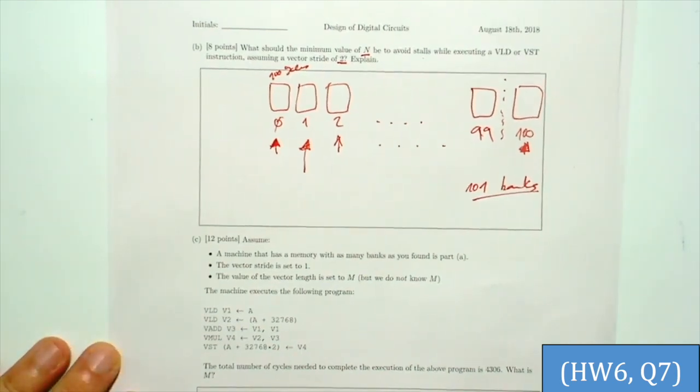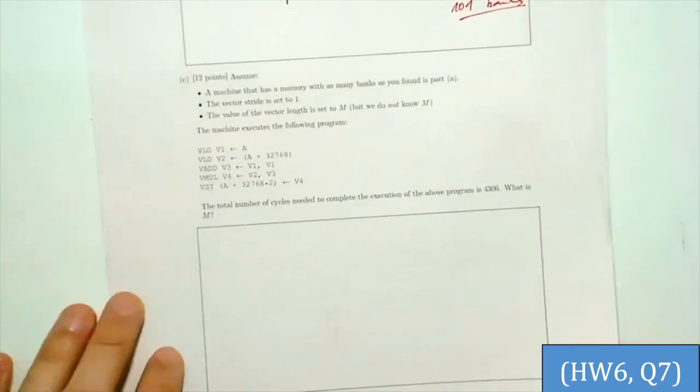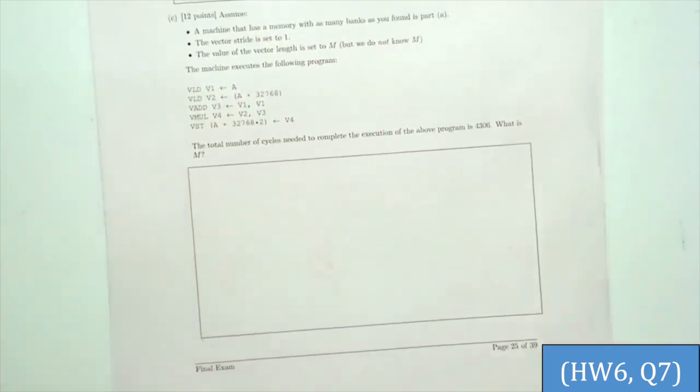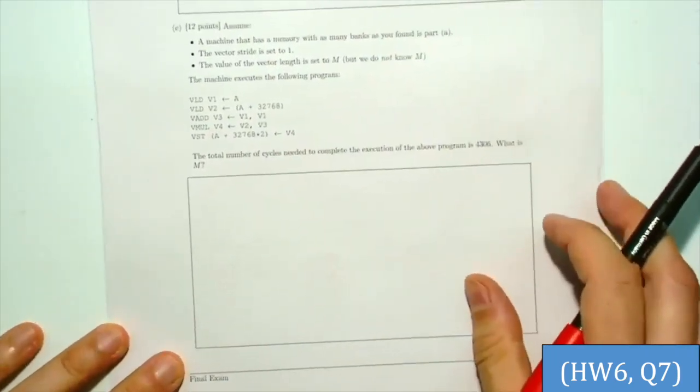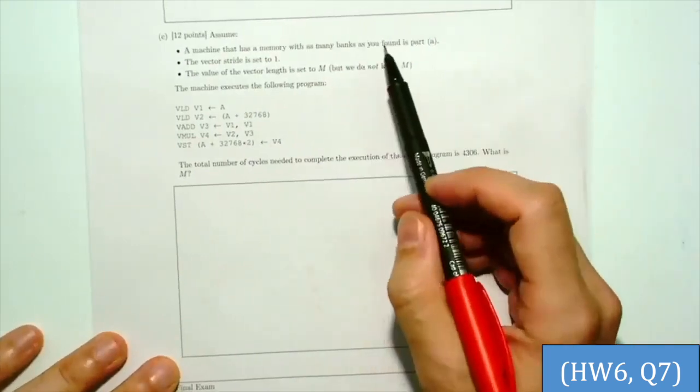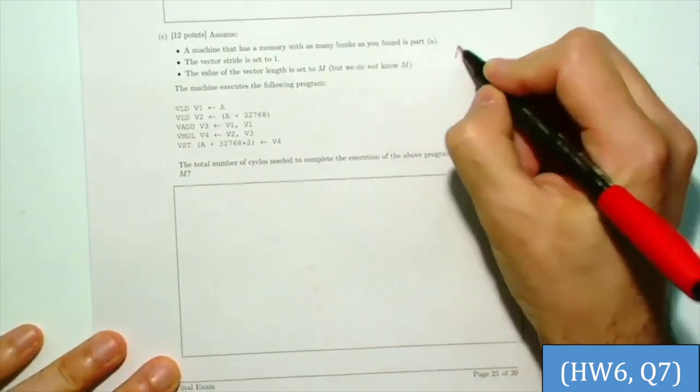Okay, the next question is, assume a machine that has memory with as many banks as you found in part A, so n is 100.